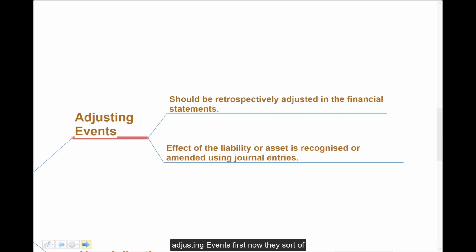Let's look at adjusting events first. They do what they say on the tin, don't they? Adjusting. So, first things first, they should be retrospectively adjusted in the financial statements. We need to go back to the financial statements as they stand, as they're prepared, and adjust them for that event.